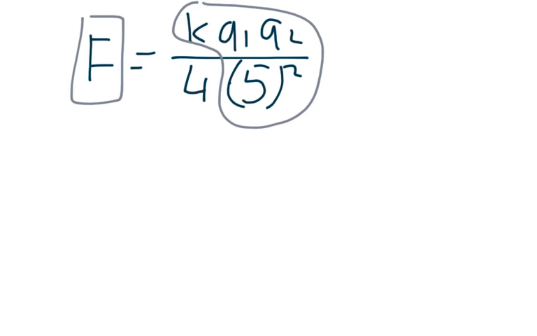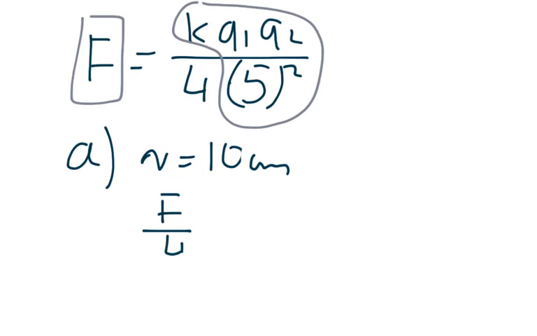So for A, with the distance of 10 centimeters, the force will be divided by 4, because we're going to have only a quarter of the force between those two charges. In each case, A, B, and C, it will change, so you're going to have to do pretty much the same steps. You have to ask what you are doing to this 5 centimeters to get to the distance they're asking you for.